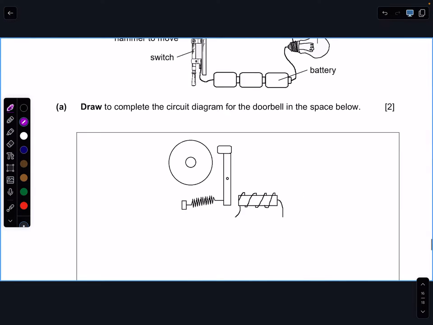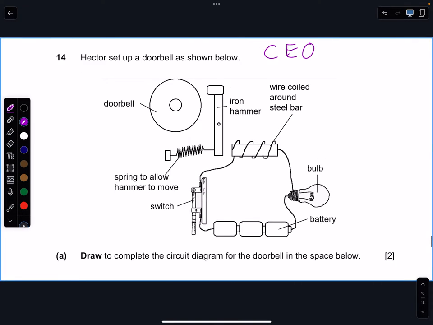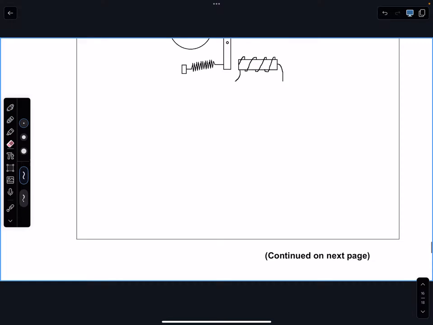Okay, now draw a circuit diagram. So I'm going to tell you what I'm marking for. When it comes to drawing of diagrams, it cannot be too small. It must occupy at least half, if not three quarters is the best, of the given space.